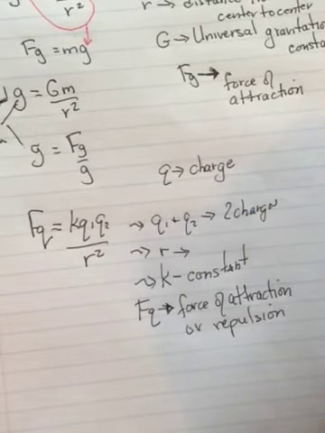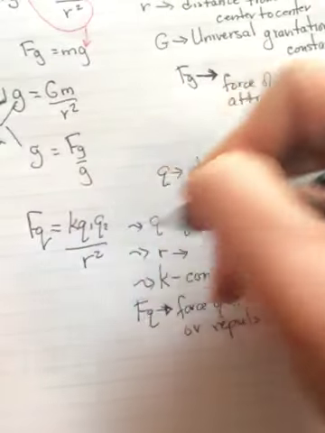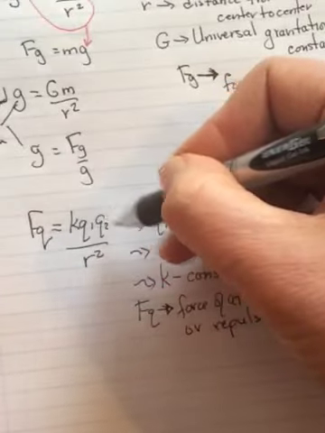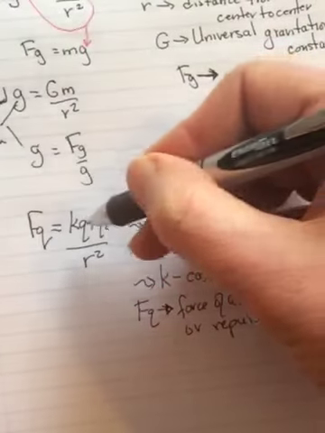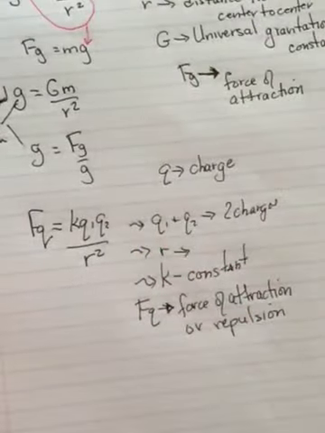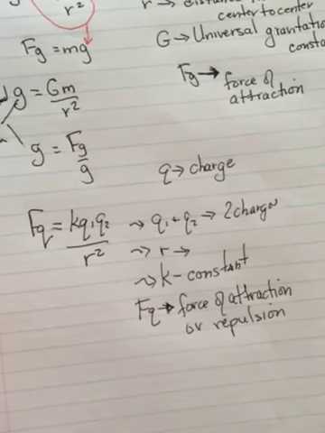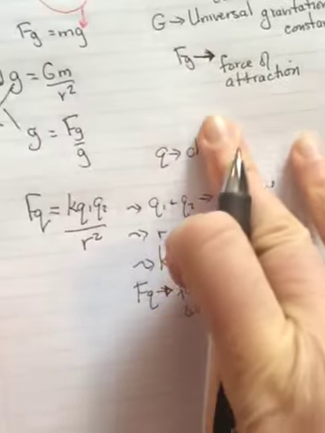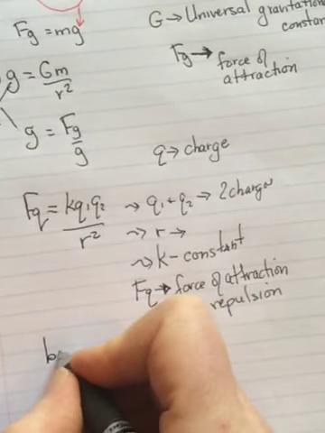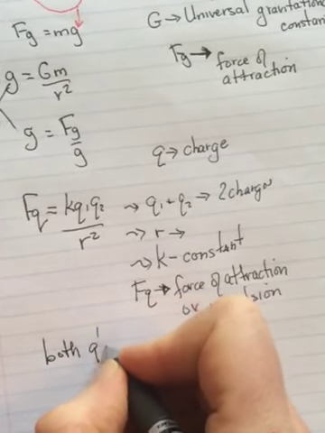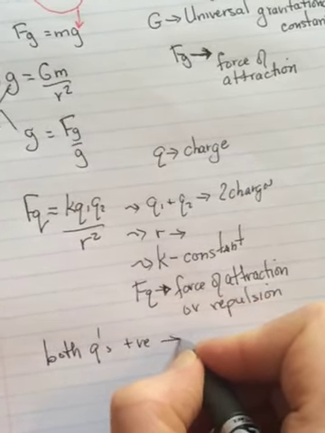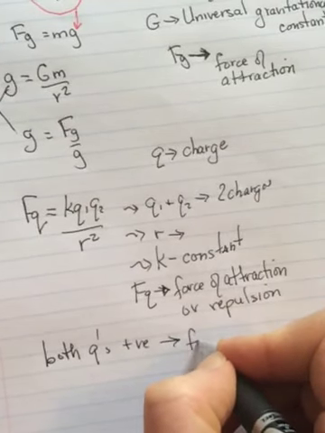Okay, so FQ is force of attraction or repulsion. How can you tell which? Well, it depends upon the nature of the charge. Are they positive or are they negative? Or are they one of each? If they're both positive, both Q's positive, then it's going to be a force of repulsion.